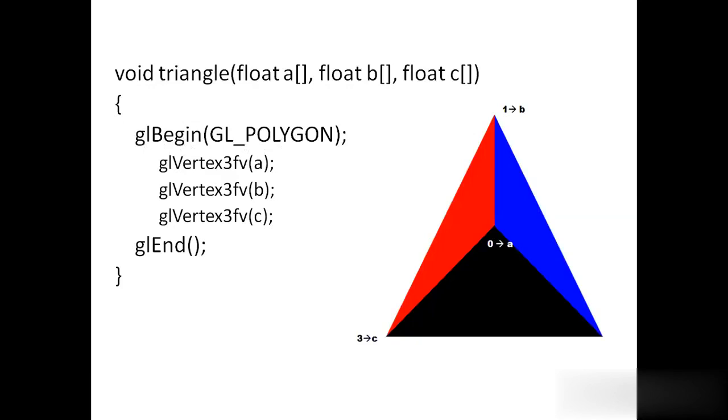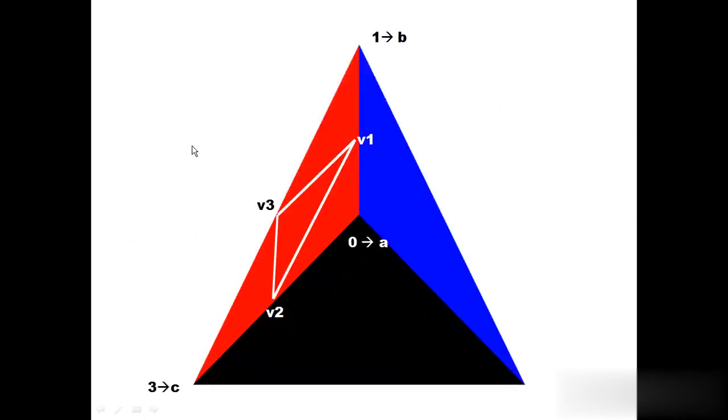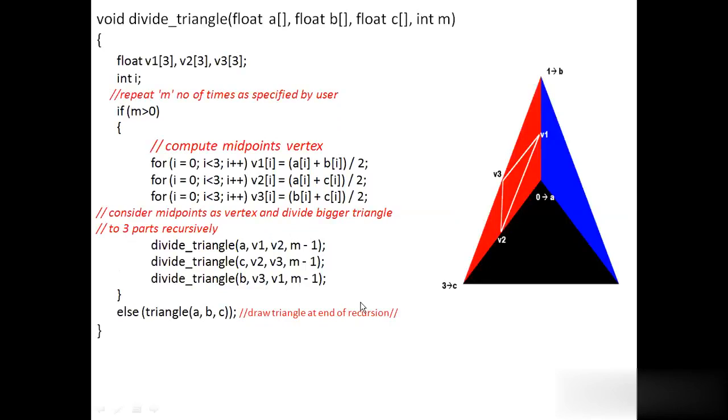Here in the glBegin triangle function, we require three variables. So glBegin draws the GL polygon for glVertex A, glVertex B and glVertex C. It shows the solid plane, and it gives you the complete polygon with the three vertices that we have added.